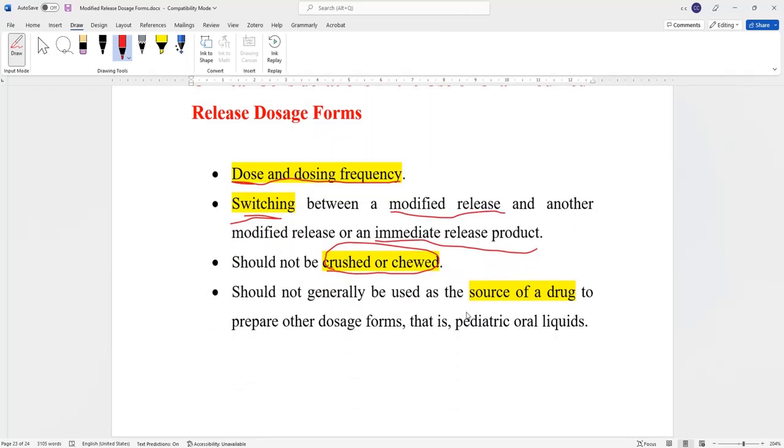Also ask them not to use the product as a source for drug, maybe for example to prepare an oral liquid for pediatrics or for children or babies. It should not be used for that. It has modified release ingredients, and it should not be used as a source to prepare other dosage forms.